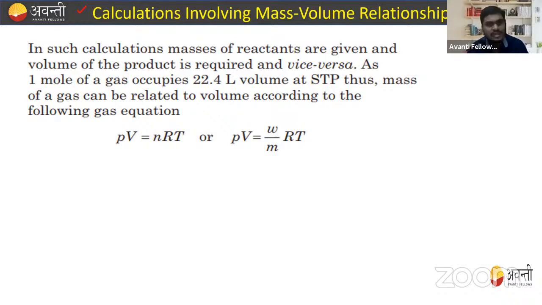As 1 mole of gas occupies 22.4 liter of volume at STP, standard temperature and pressure, the mass of the gas can be calculated by using the equation PV is equal to nRT. Here n is the number of moles, which is equal to mass upon molecular mass, so PV is equal to W upon M into RT. This is how we can calculate.